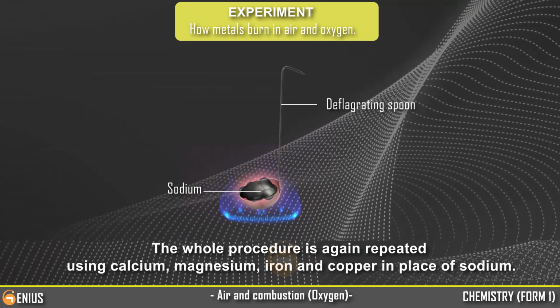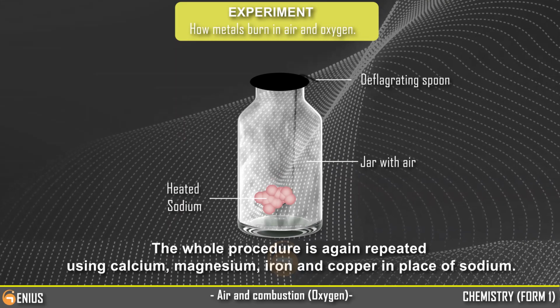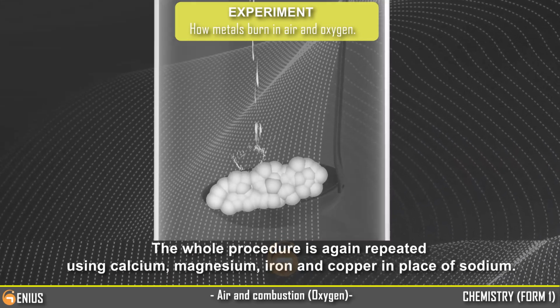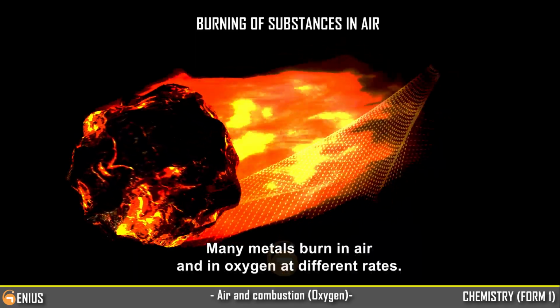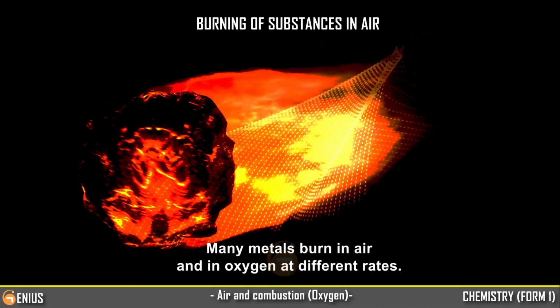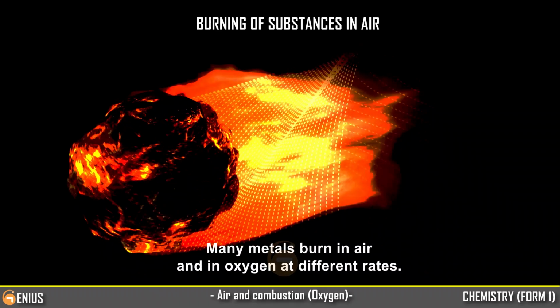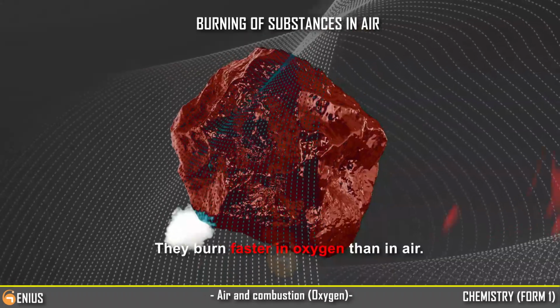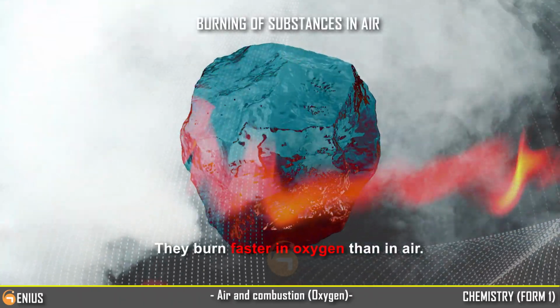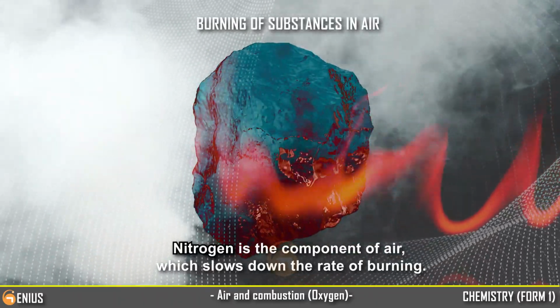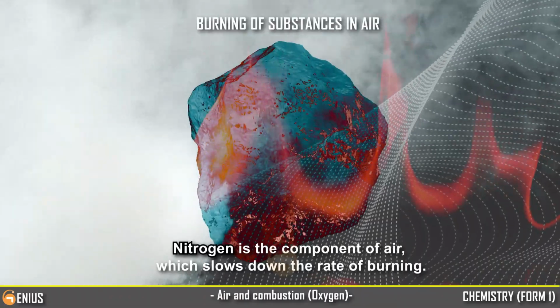The whole procedure is repeated using calcium, magnesium, iron, and copper instead of sodium. Many metals burn in air and in oxygen at different rates. They burn faster in oxygen than in air. Nitrogen is the component of air which slows down the rate of burning.